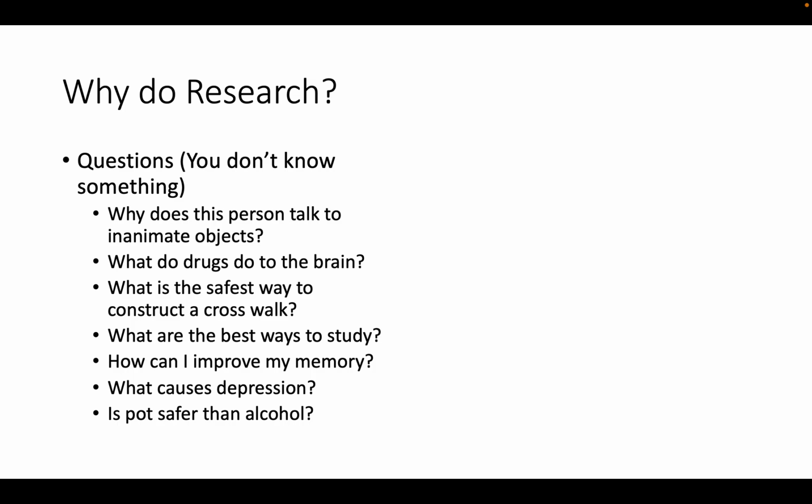So, in the world, when we ask these questions, we can find out the answers a variety of ways. We can use common sense. That's one way of answering a question. The problem is that common sense can be contradictory. A good example is you often hear the common sense phrase, birds of a feather flock together.